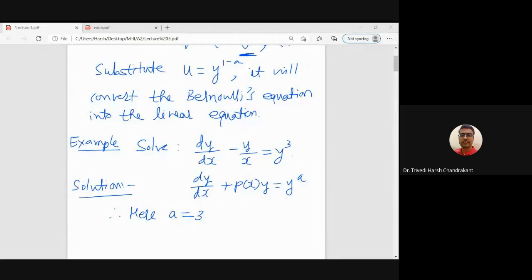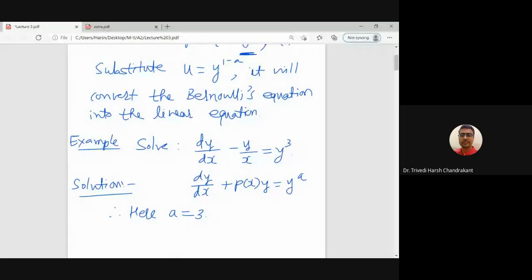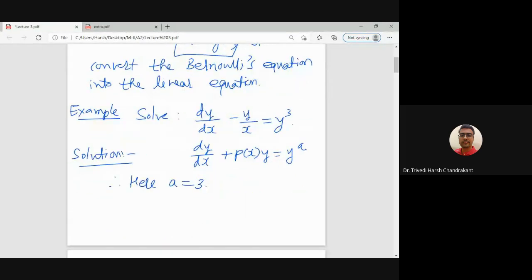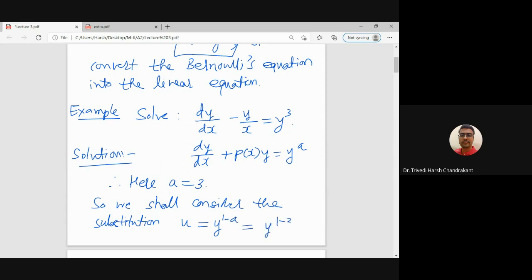So in this differential equation, we shall consider the substitution u, a new function of x, which is y^(1-a). That is y^(1-3), which is y^(-2).